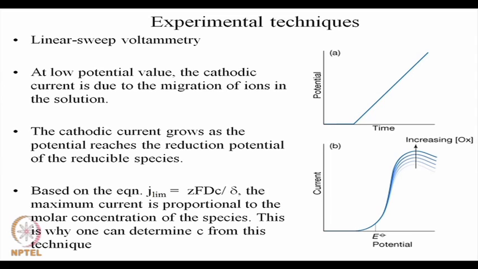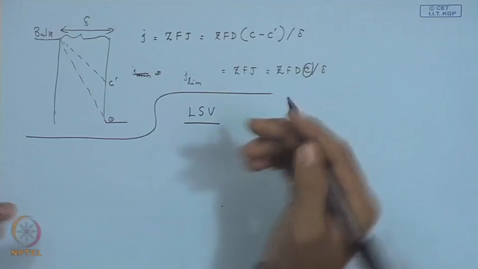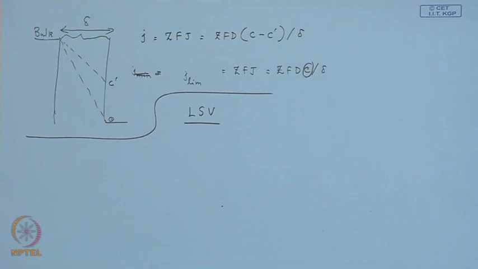Okay. And as I told you, based on the previous equation, the limiting current is ZFDC divided by delta, so the maximum current is proportional to the molar concentration of the species. So, using the limiting current, you can find out the concentration of the species.